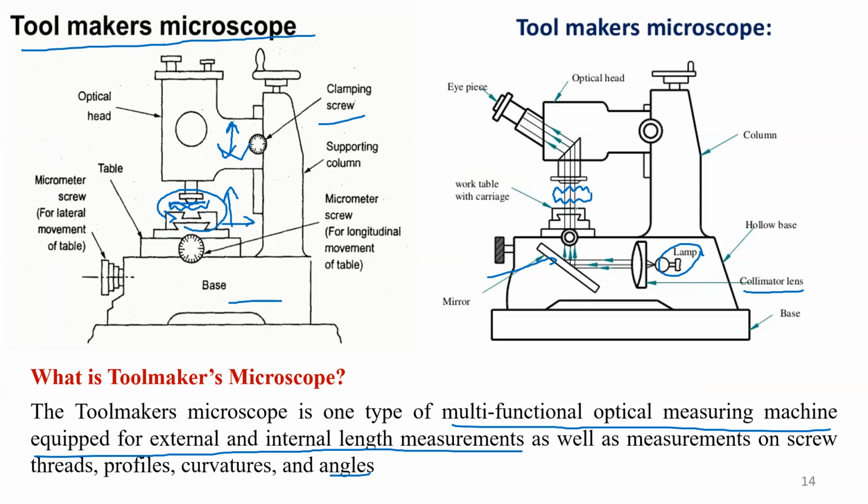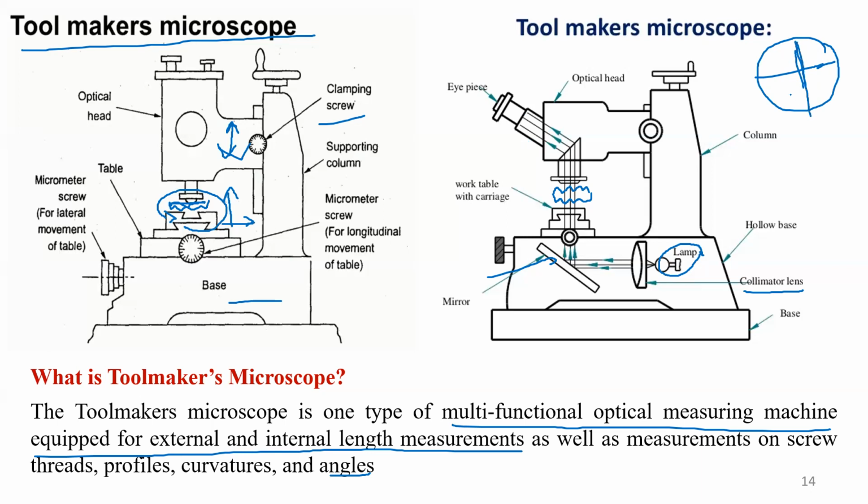So when these light rays pass through the workpiece, the image is magnified by the projecting lens. That magnified image is projected onto the graticule, which has the cross wires. The graticule is made of a ground glass screen.